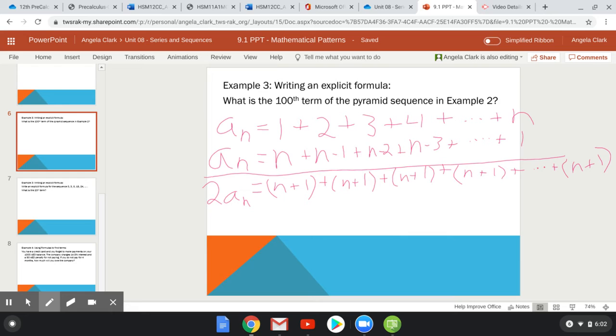So I can add them together, and that gives me 2a_n equals n times n plus 1. If I just want to solve for a_n, that's a_n equals n times n plus 1, over 2.